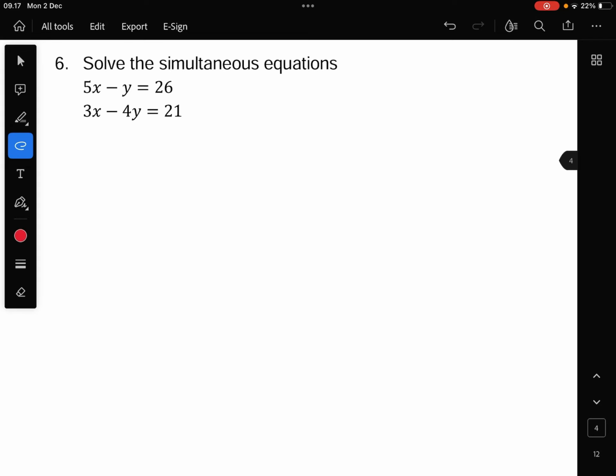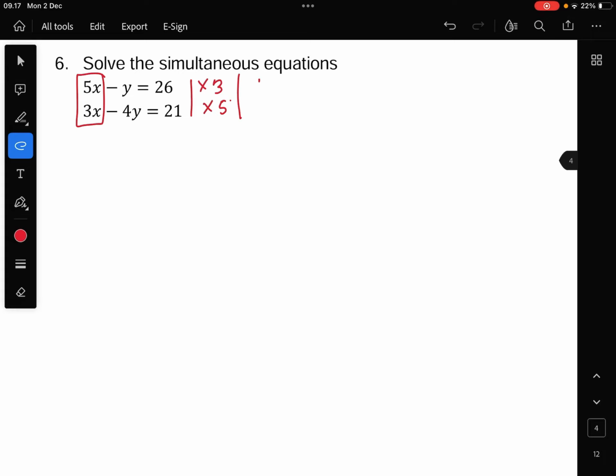We need to do the simultaneous equations. There are no instructions about substitution or elimination, so we can just use either one. If it is elimination, it means you have to multiply this by 3 and this one by 5 to eliminate this.